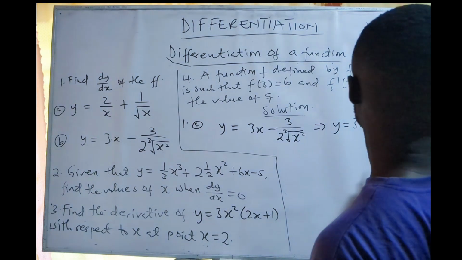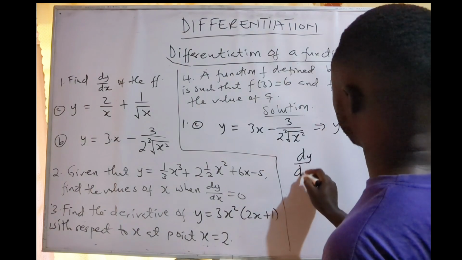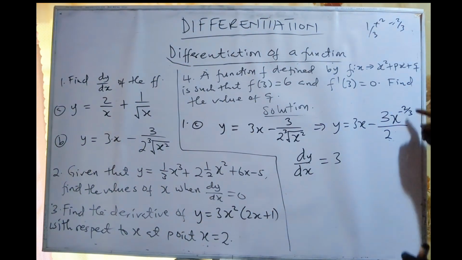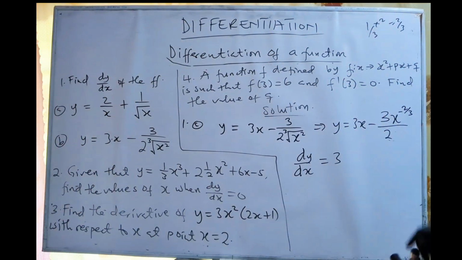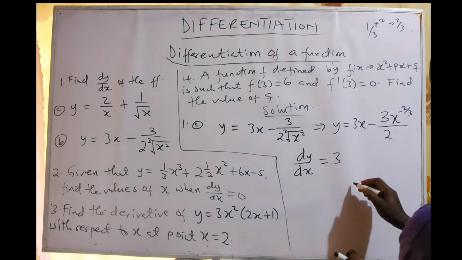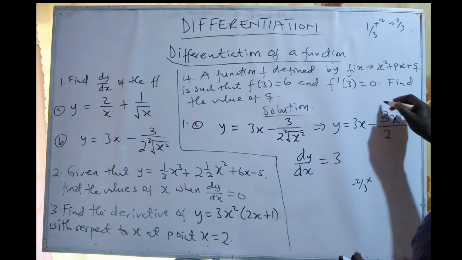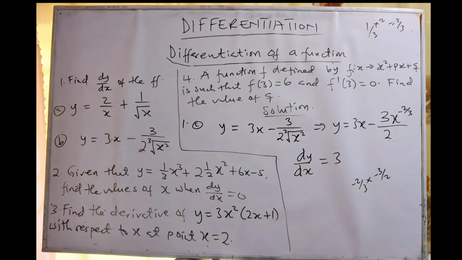Now we can differentiate. My dy/dx will be equal to 3, then negative 2 over 3 is going to multiply the negative 3 over 2. Negative 2 over 3 will multiply the coefficient of the x here, which is negative 3 on 2.